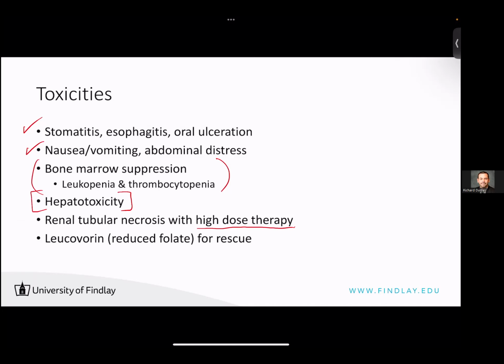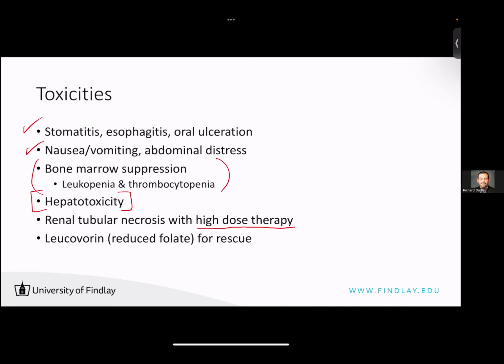Diffuse large B cell lymphoma that's in the central nervous system requires really high doses of methotrexate to make sure that you get adequate drug in the CNS to kill the cancer. And if patients aren't excreting the methotrexate accordingly, it can accumulate in the tubules and lead to renal tubular necrosis.